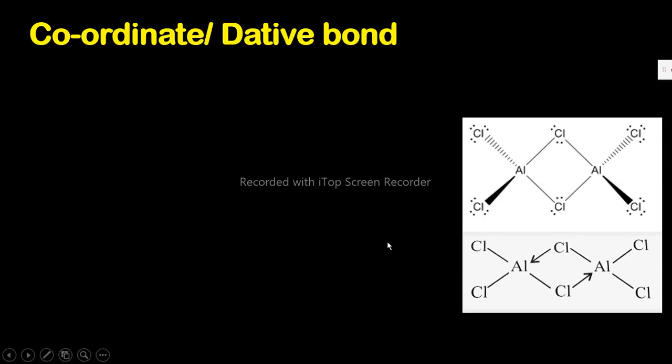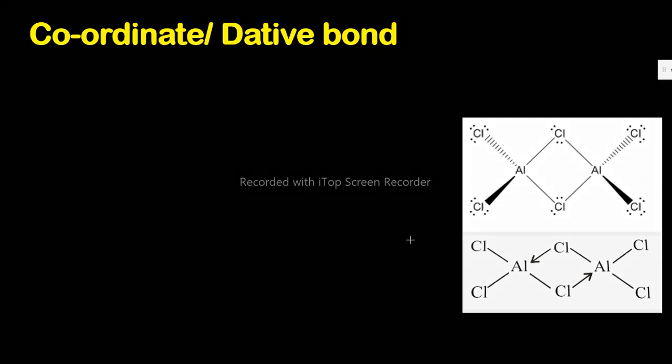So that was our covalent bond. Now let's talk about another type of bonding, which is the dative or coordinate bond. Using the other example of ours, you and your buddy.